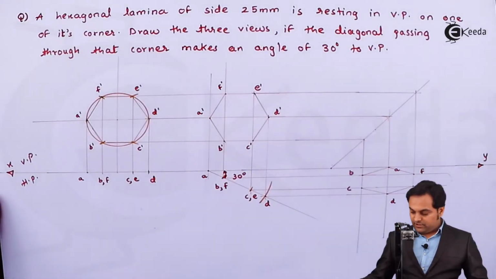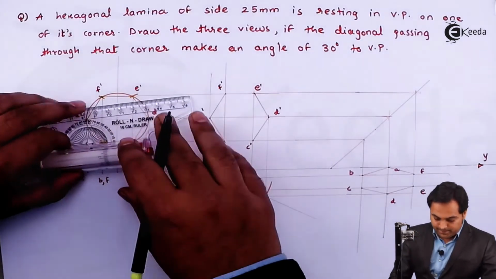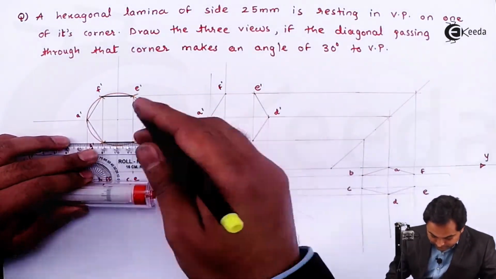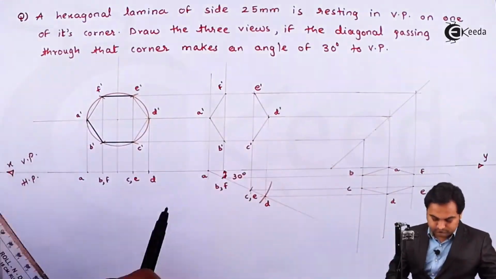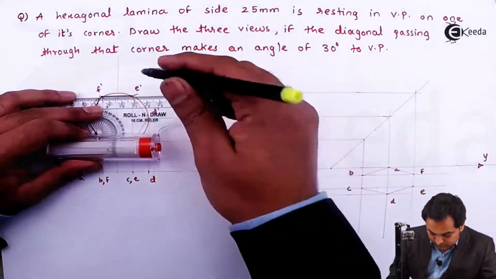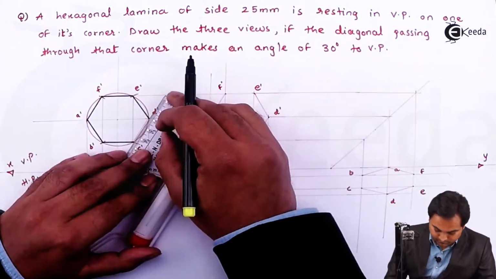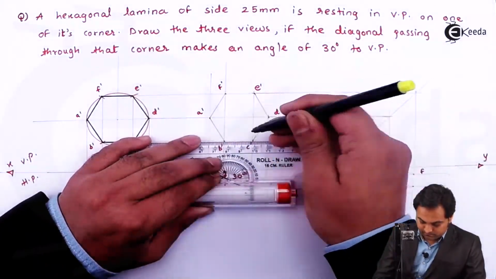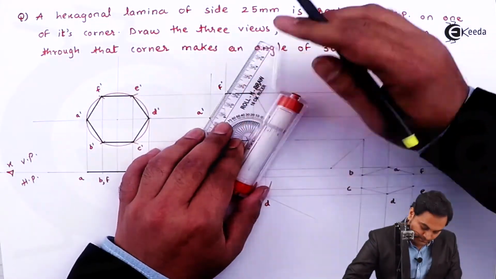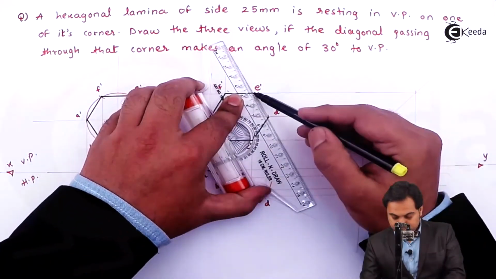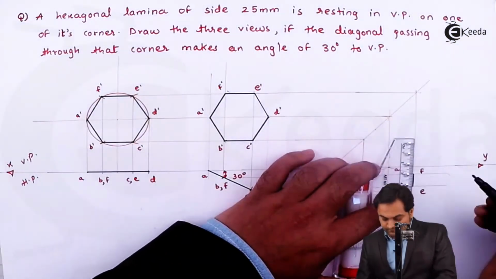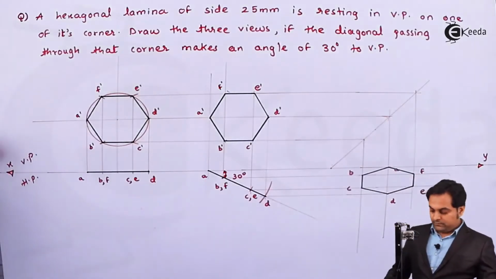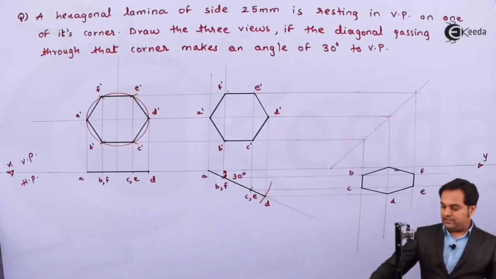Now I'll start making them dark one by one. So this is the front view. So this is the third view. Next, giving the dimensions.